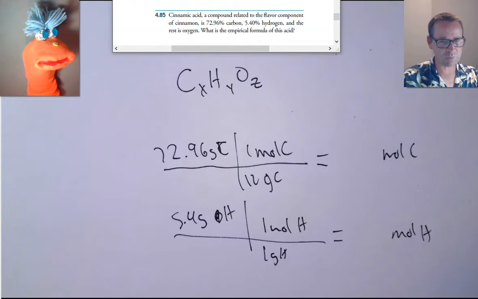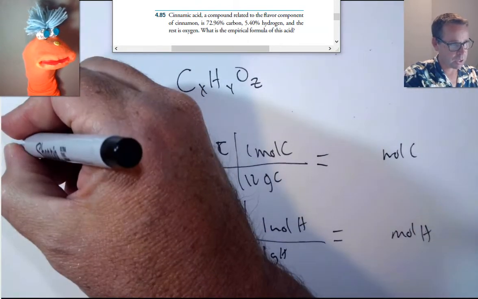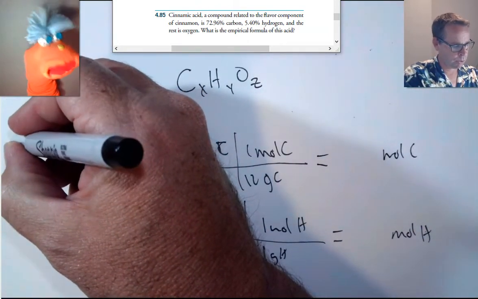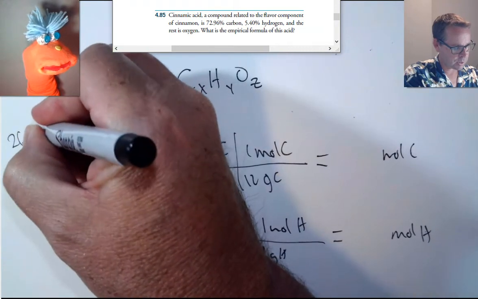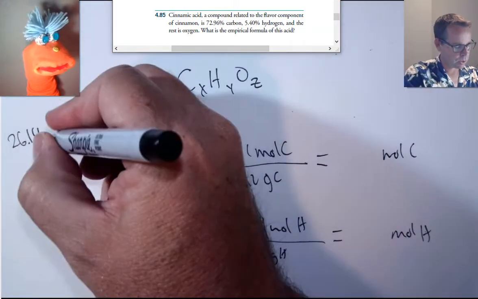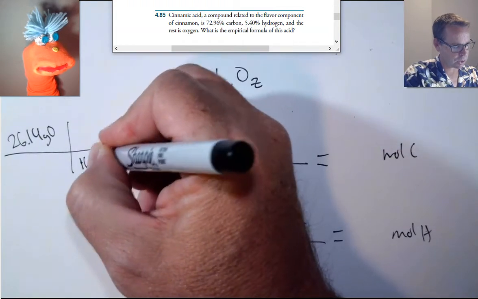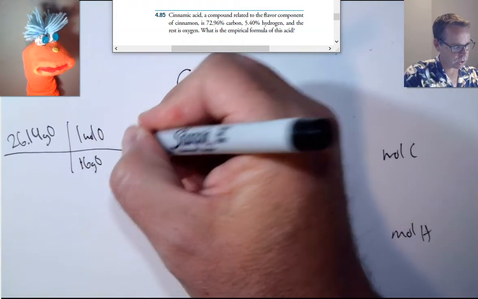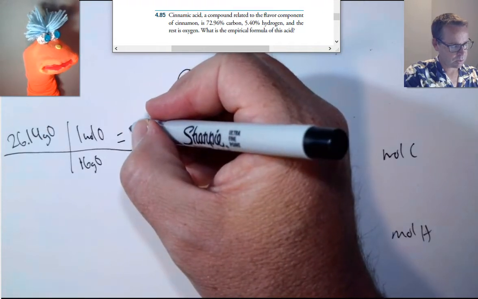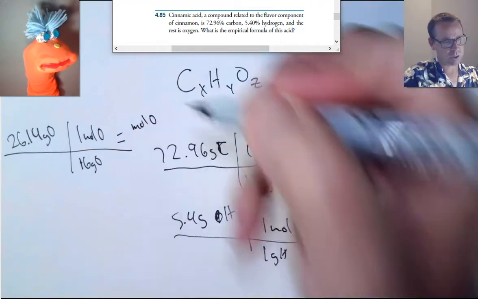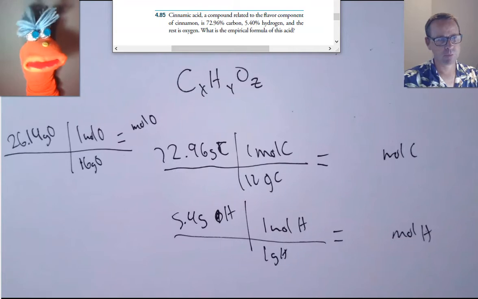Very good, 21.64%. So what do I do with that? Can that be grams too? Yeah, I can just say I have, again, a 100-gram sample. So that's how many grams of oxygen there would be. 16 grams of oxygen for every 1 mole of oxygen. And that's going to be our moles of oxygen, right? Yeah. Okay.